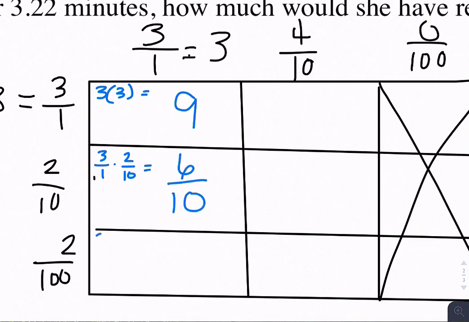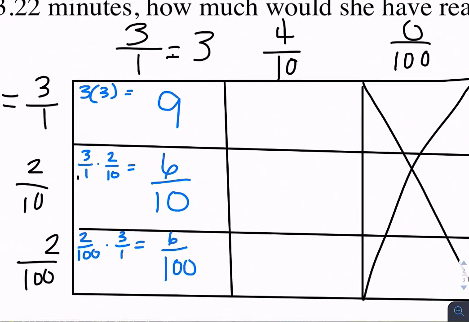Here we have 2/100 times 3/1, and I get 6/100. Here we have 3/1 times 4/10, and I get 12 tenths, or 1 2/10.